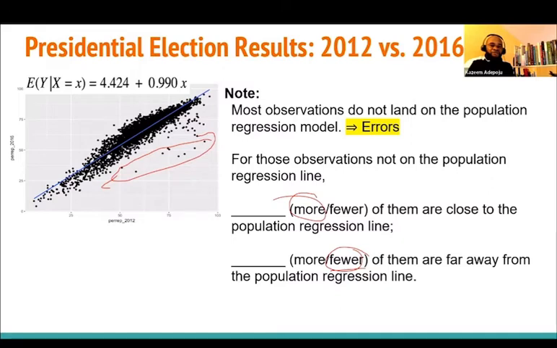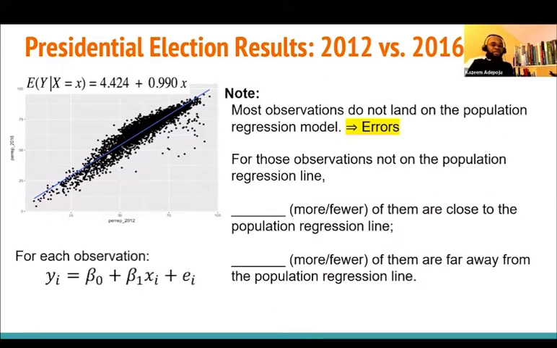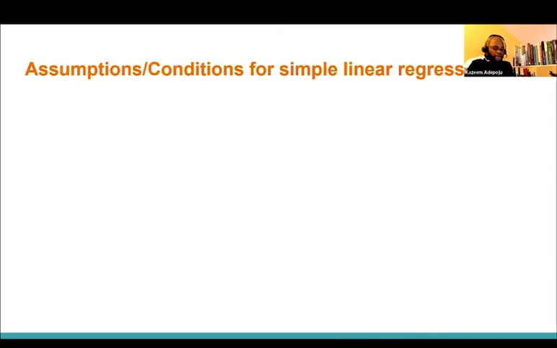We expect the fewer to be far away, which is good. That is what we're looking for. Okay, so that's what we mean by that. And for each observation, I'm actually going to have that regression model. This is where we are going.